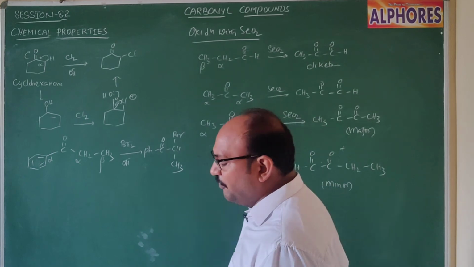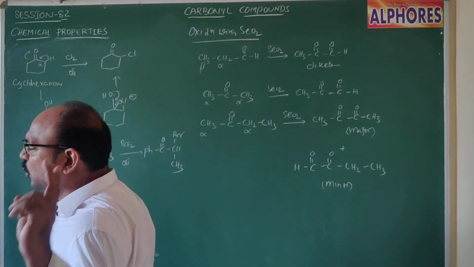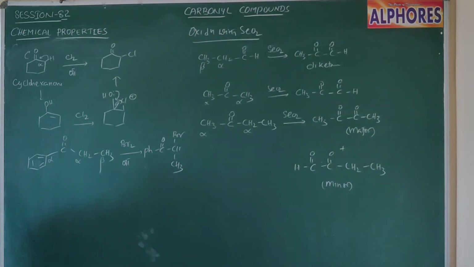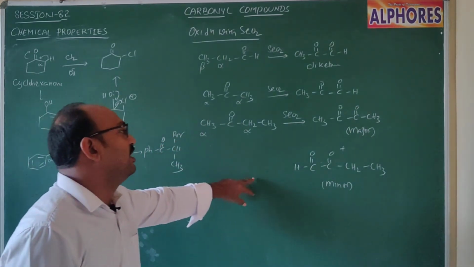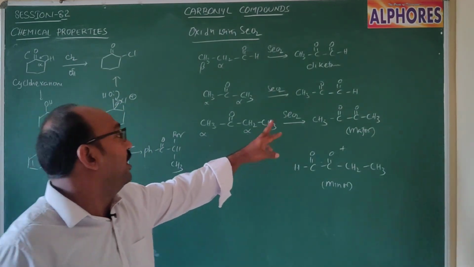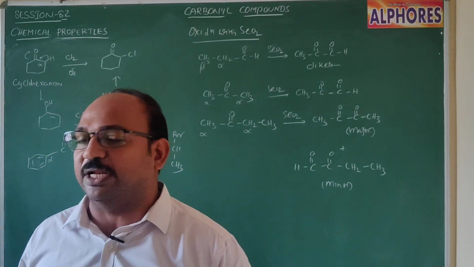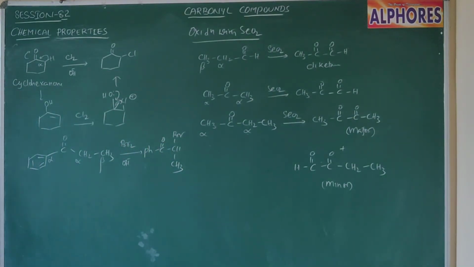That means when you have two different alpha carbons, one alpha methylene and another alpha methyl, in such a case we get two products, of which which product is major? The alpha methylene group oxidizes more readily than the alpha methyl group.